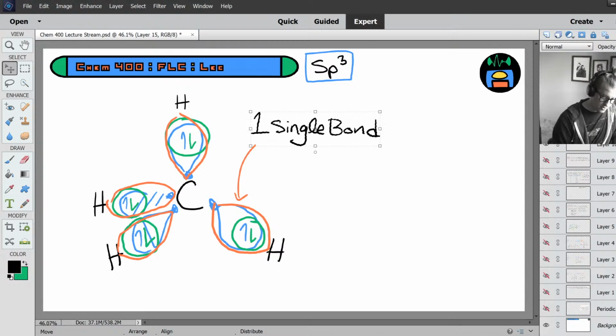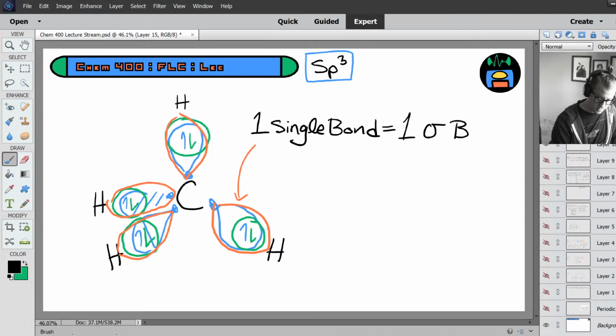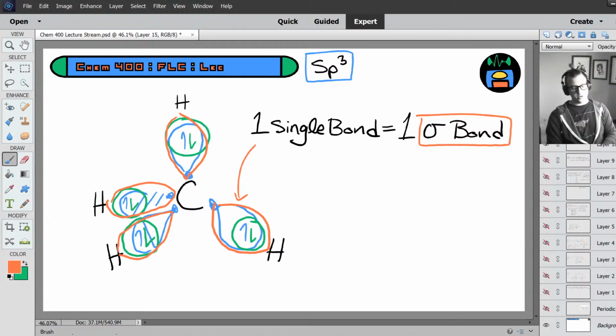All right, so here you form one single bond. And the name for that one single bond is, this is called one sigma bond. All right, and that will be important for the future.